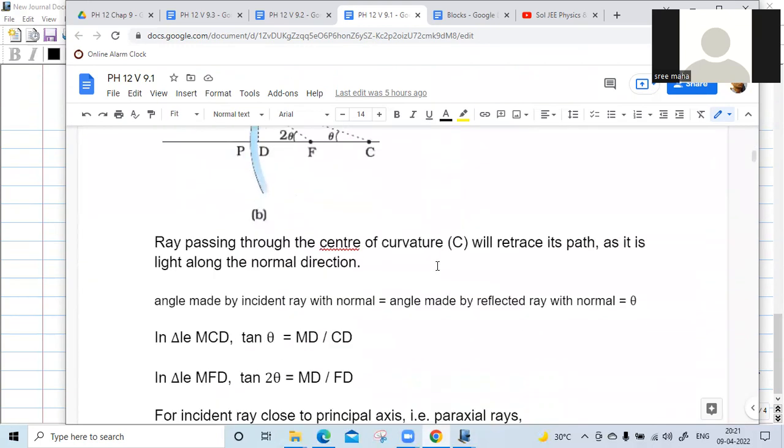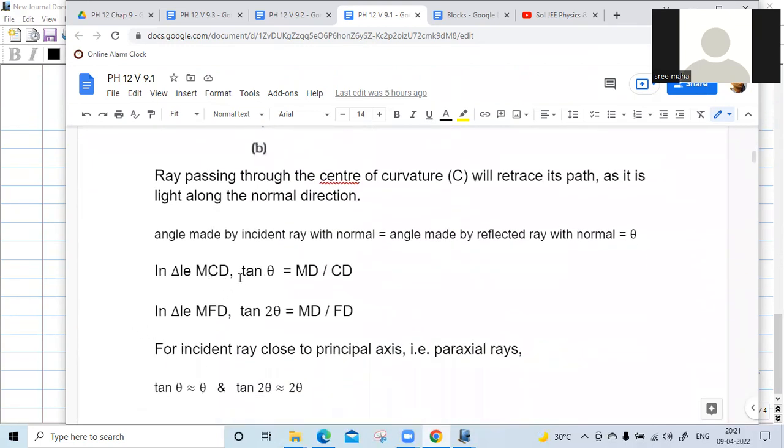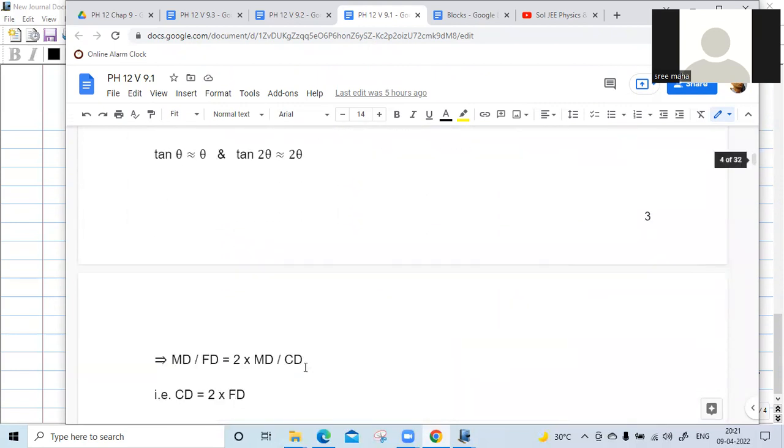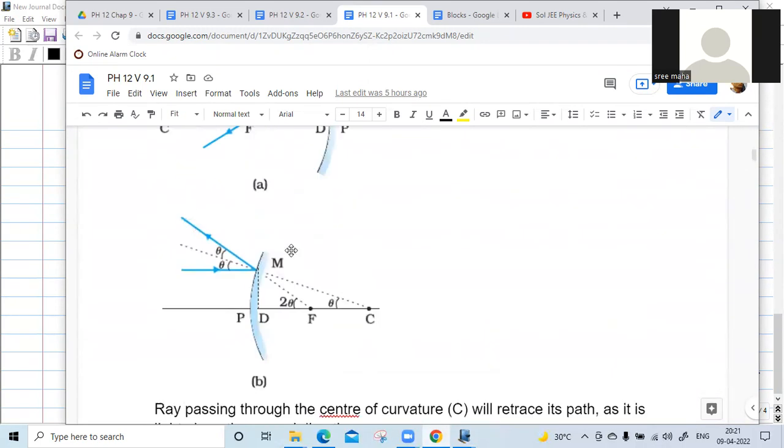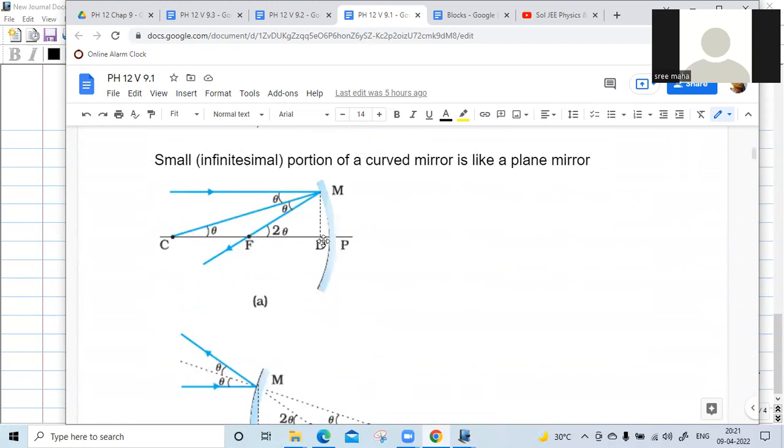Because when we derive this formula, we use this triangle. You remember or not? When you are deriving this formula, if you take F equal to R by 2, you are actually using the approximation that FD is approximately equal to FP. What is FP? Distance between the focus and the pole. Yeah, and what is FD?